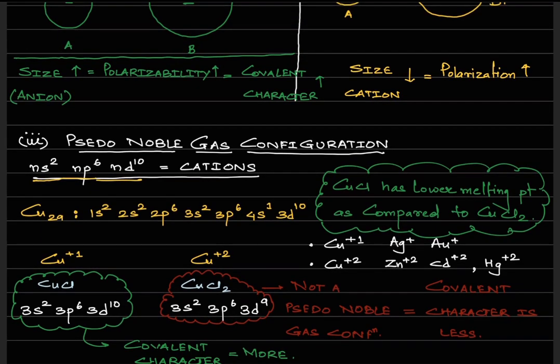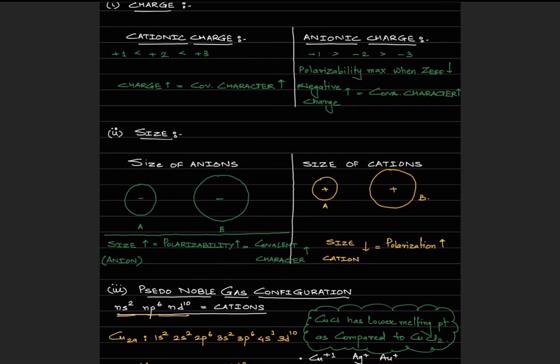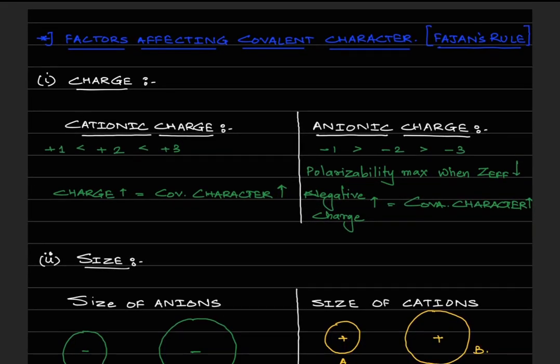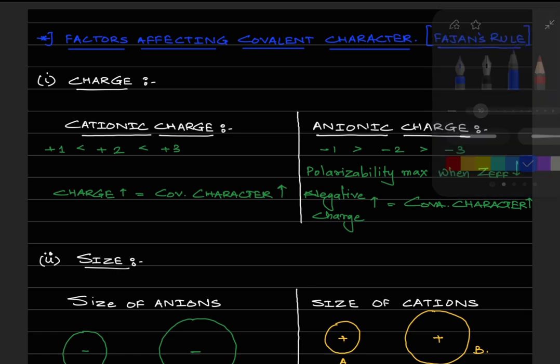So I hope we are clear with all of these factors, the three factors that we discussed over here. Obviously the first one was the size of cation and anion. Okay, the next one was charge. As the charge increases, the covalent character increases. So you can just write down over here quickly before we wind up for this session. Okay, I'll just try to write down.